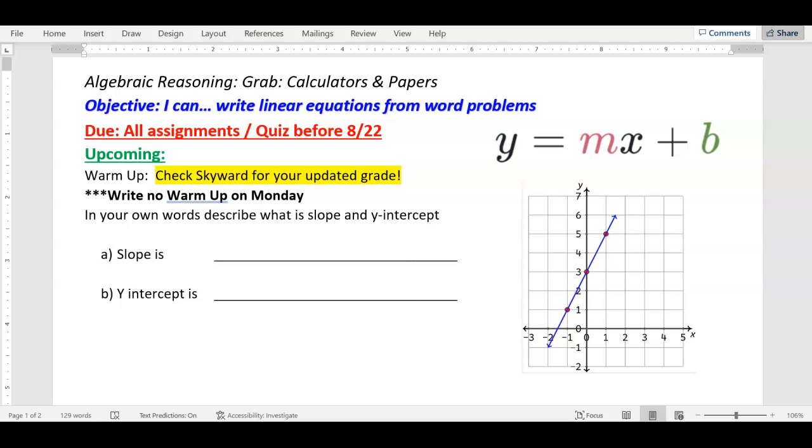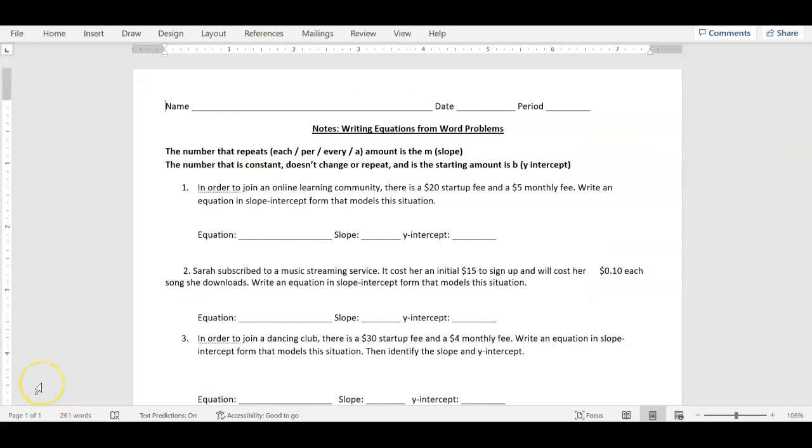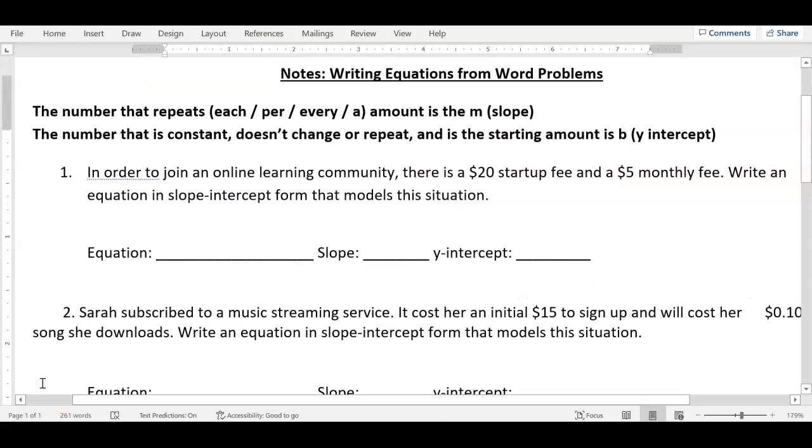So once we finish the notes, you hold on to it. Tomorrow, the assignment will be similar to the notes, okay? Okay, so let me pull this up. All right, so is everyone looking at this sheet right here?